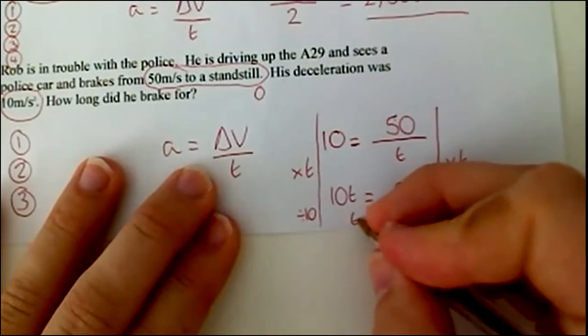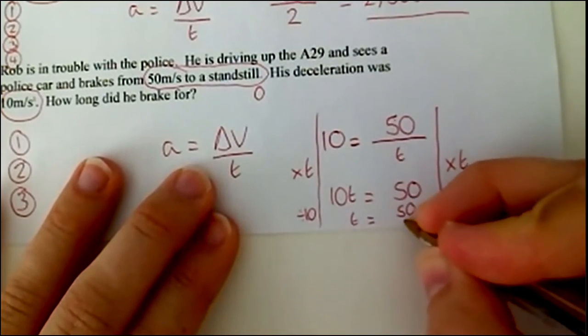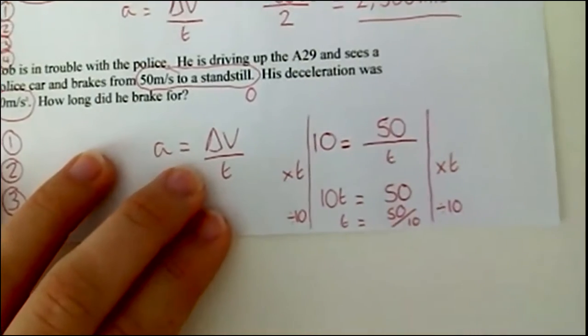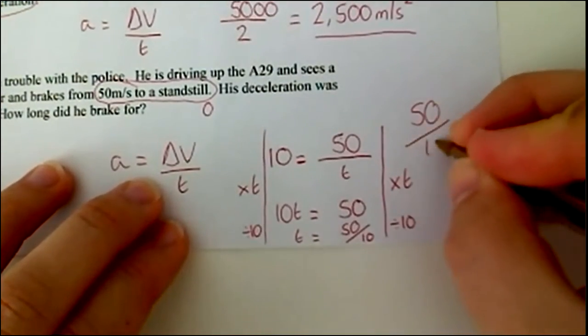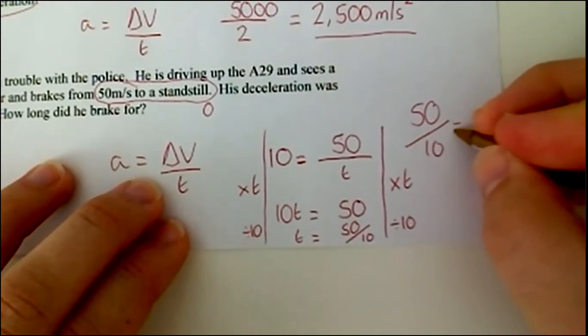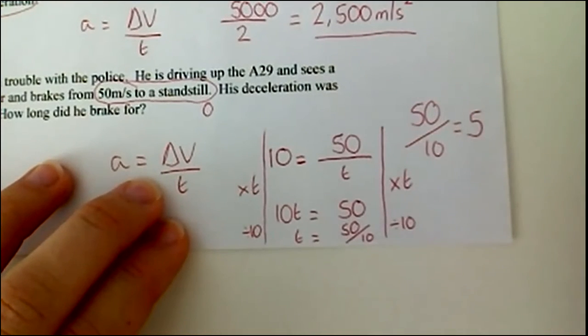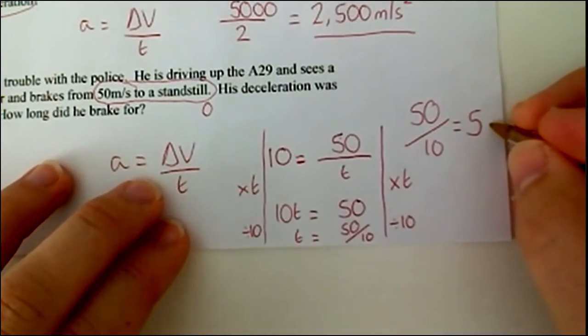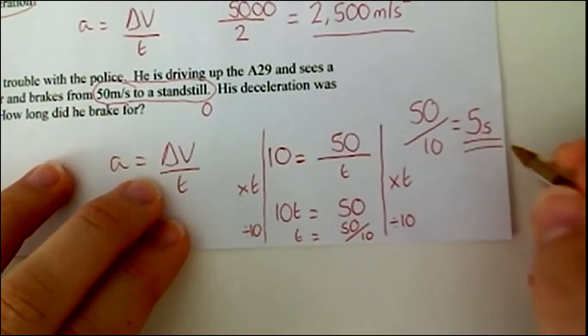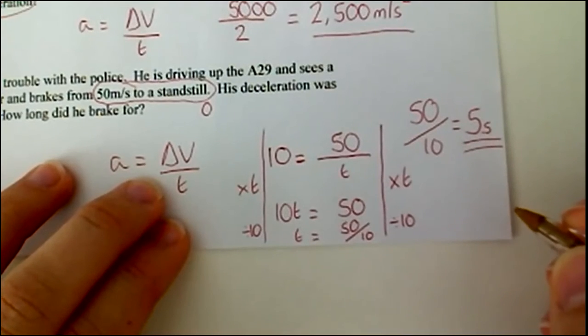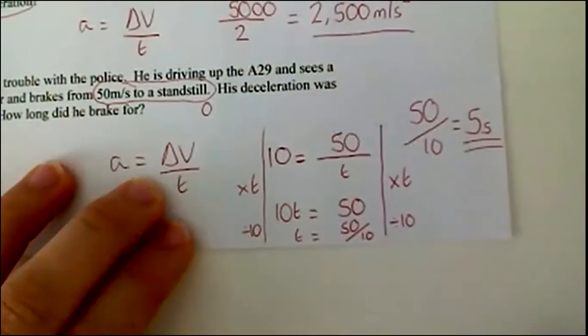So t equals 50 divided by 10, which gives you an answer of 5. And because we're working with time, it must be 5 seconds.